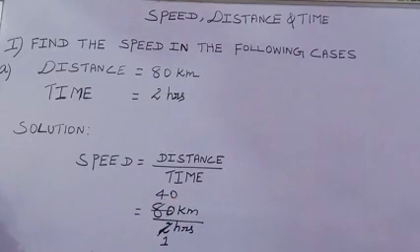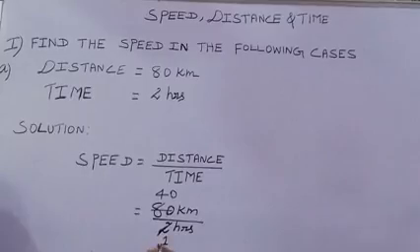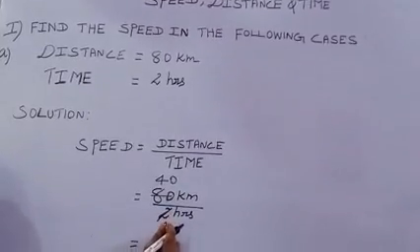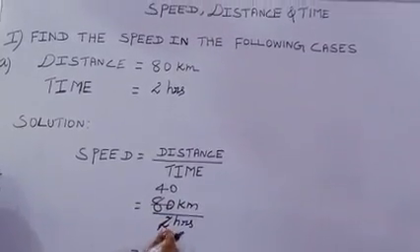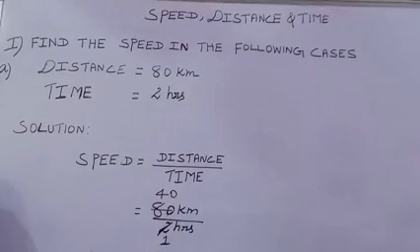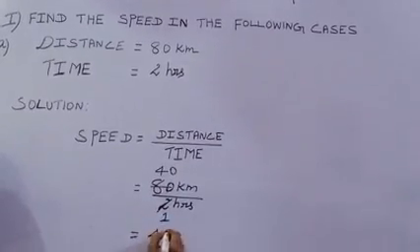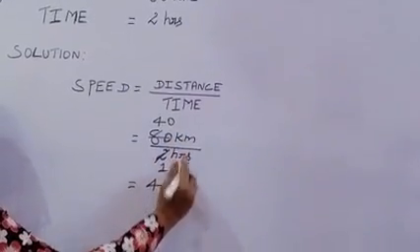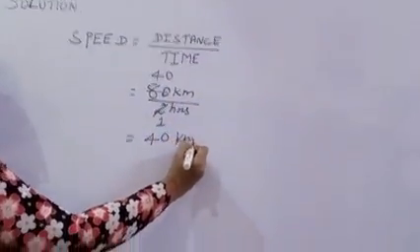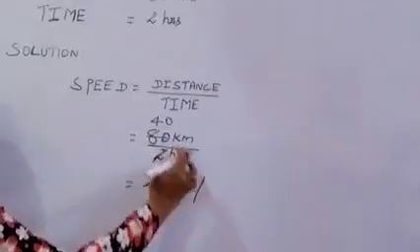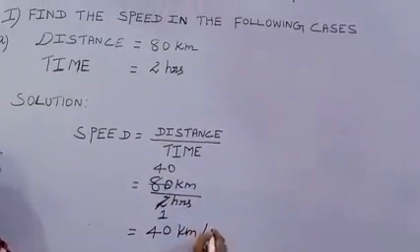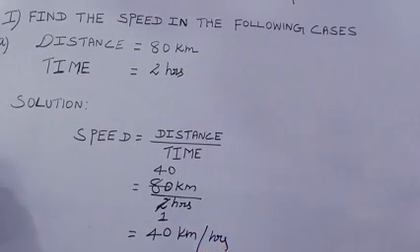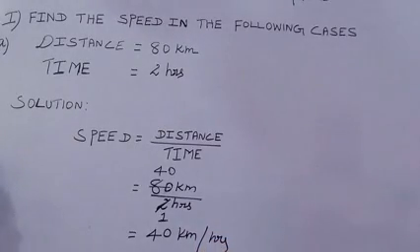Now I get the value 40. In the denominator you have 1, so leave it. 40. What unit do you have? Kilometer per hour. That means divided, so I write hours here.